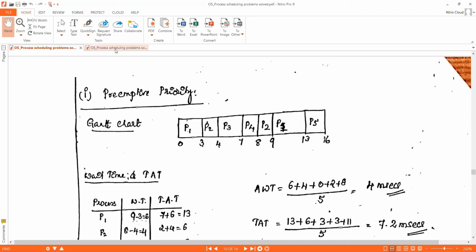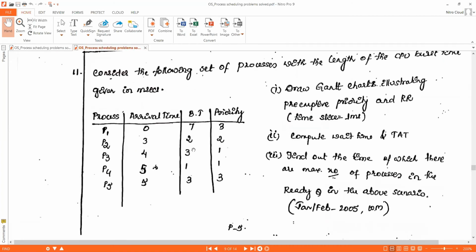What is the burst time for process 2? Process 2's burst time is 2 milliseconds. After executing for 1 millisecond, that is clock time 4, process 3 arrived in the ready queue. What is the priority of process 3? Process 3's priority is 1. The process 2 which is running inside the CPU has priority 2, and process 3 which came to the ready queue has priority 1.